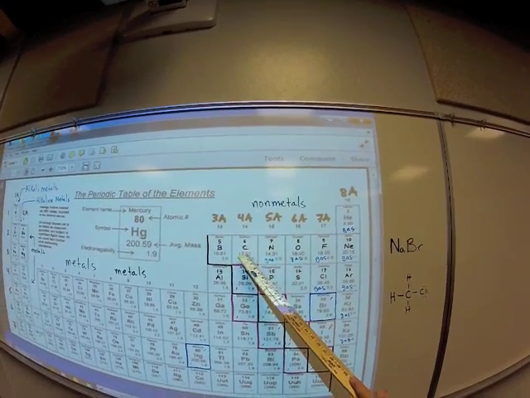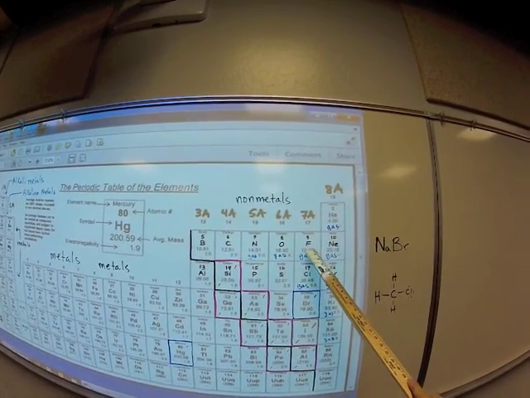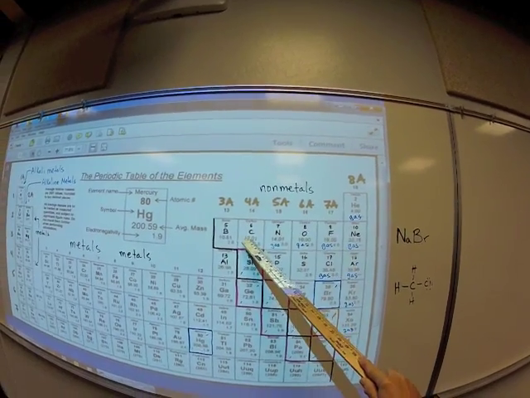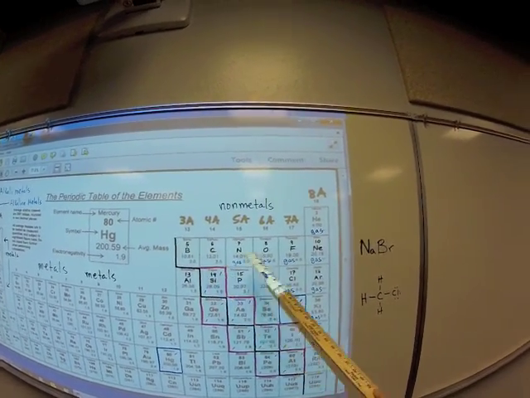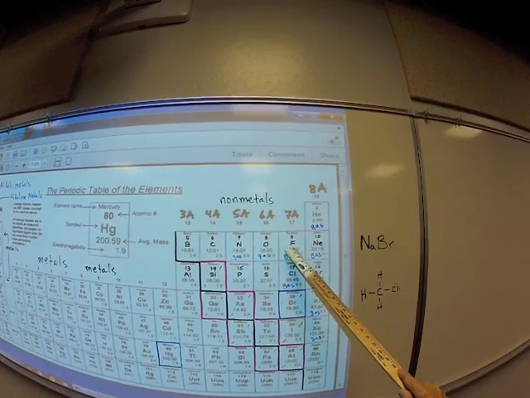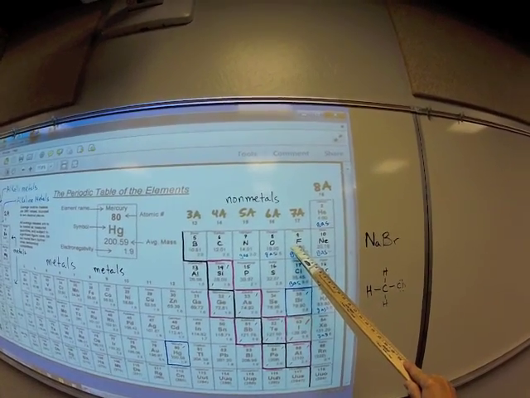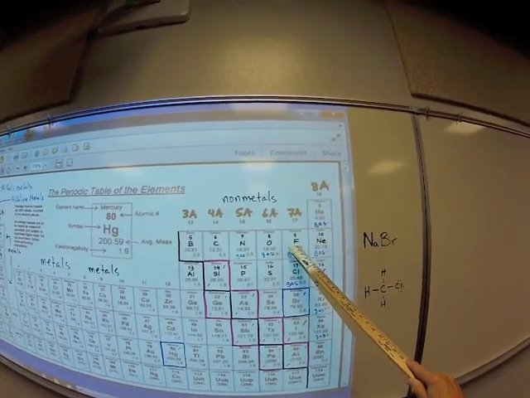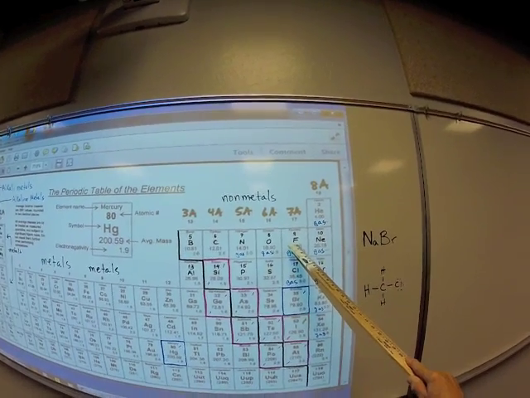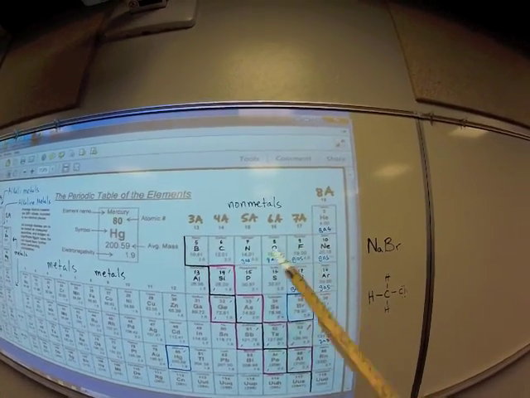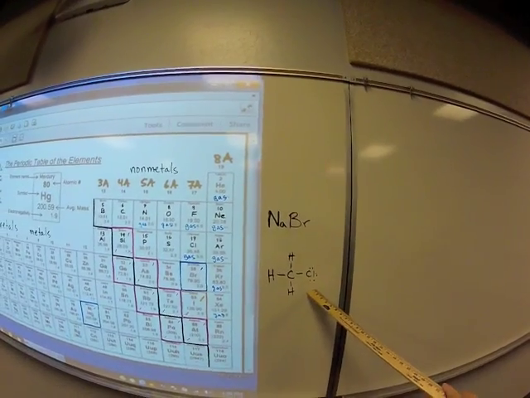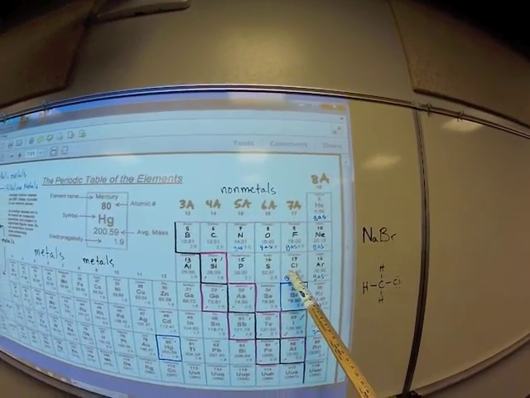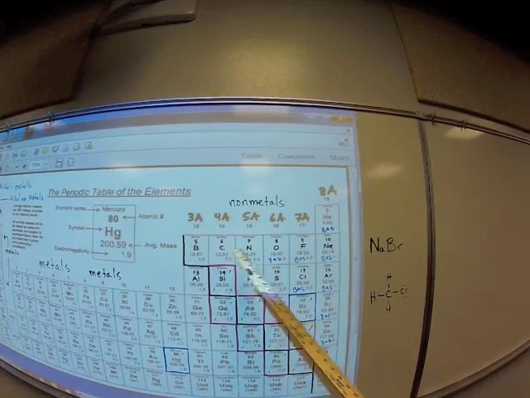If we compare carbon to fluorine, fluorine is more electronegative than carbon. So if we combine carbon in a bond with F, the fluorine is going to attract most of the electron density towards itself within that bond. Or in the example I showed here, you can see that Cl falls to the right of carbon on the periodic table.